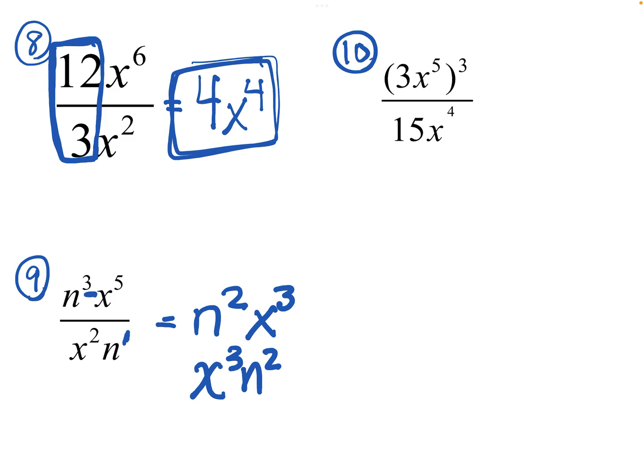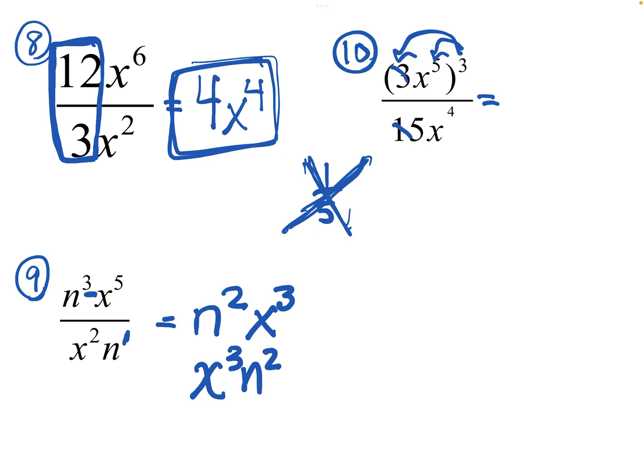Okay? Number 10. This is probably one of the most challenging problems of the day. This puts a whole lot of rules together. I get a lot of people that want to do 1/5 right away because they paid attention to 8. 1/5 is the first wrong answer because I have a product to a power here that I must do first.